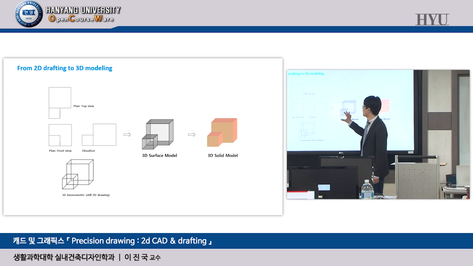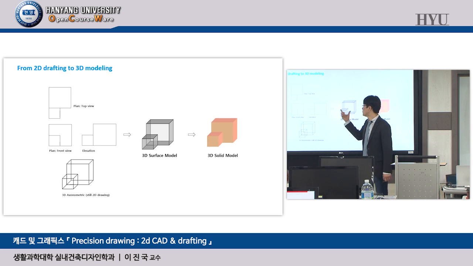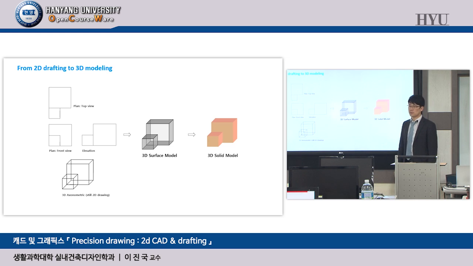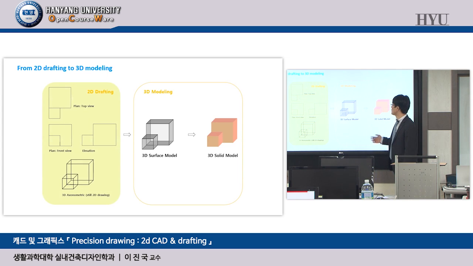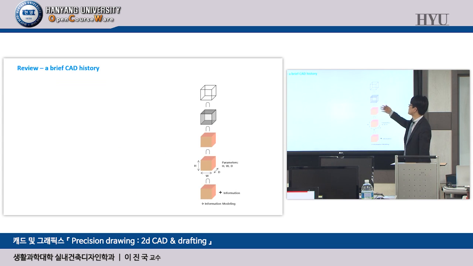What I mean is you can extract those standardized views from a 3D model. But even if you have 2D drawings, this kind of 3D cannot be generated automatically. You have to build a 3D model first in surface or solid. What is surface and what is solid? Usually we used 2D drafting, but now we are using 3D models. So let's take a look at something detailed about 3D models.